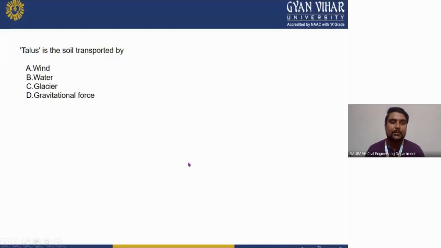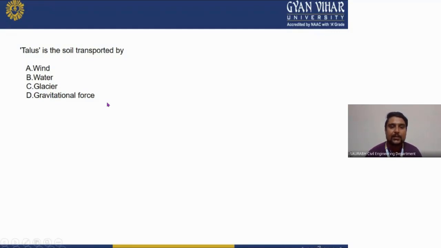The first question is: talus is the soil transported by what? How does it become soil? We have to give the answer. It may be formed by the effect of water, by the effect of wind, or by the effect of glacial or gravitational force.